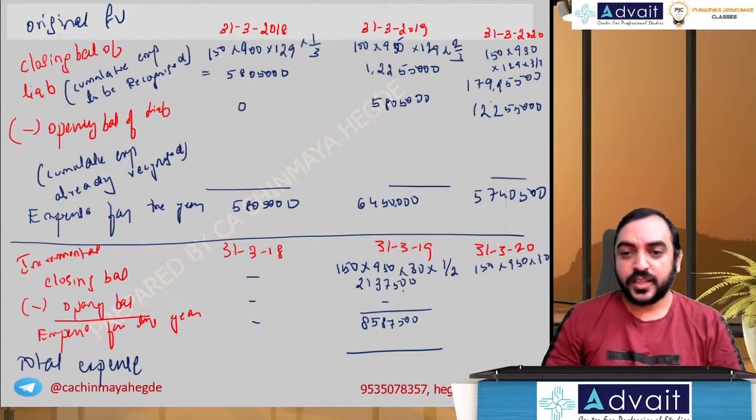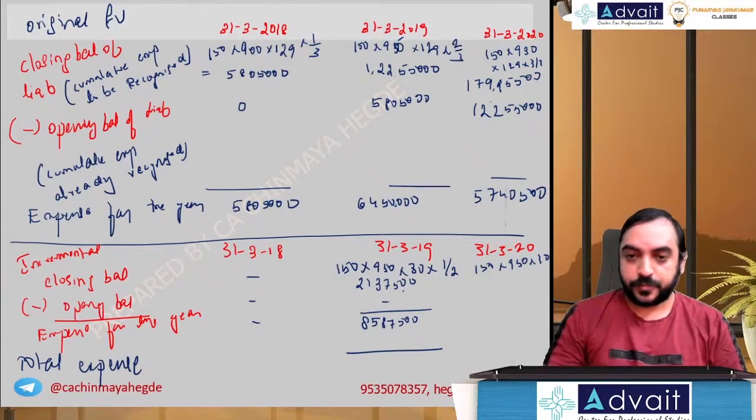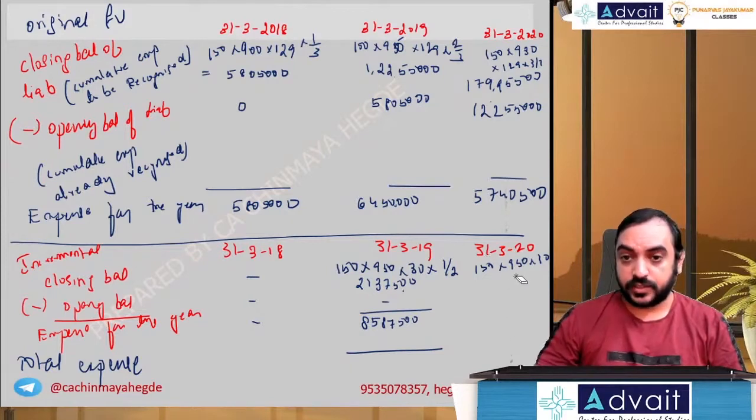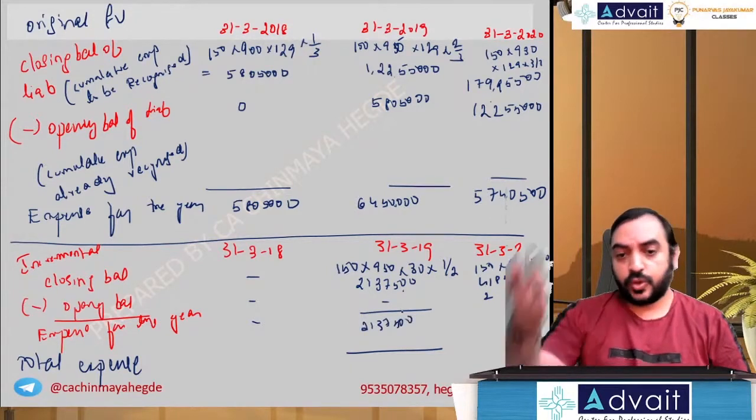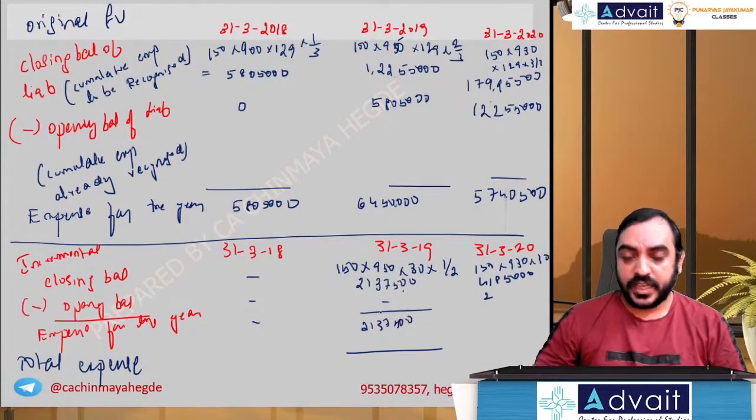So 150 into 950 into 30, not 950, sorry, 930. Finally, only 930 people have vested. So 150 into 930 into 30 is 41,85,000. Opening balance, previous year closing balance, sorry, I've written this wrongly. This is 21,37,500 and total expense will become 85,87,500.